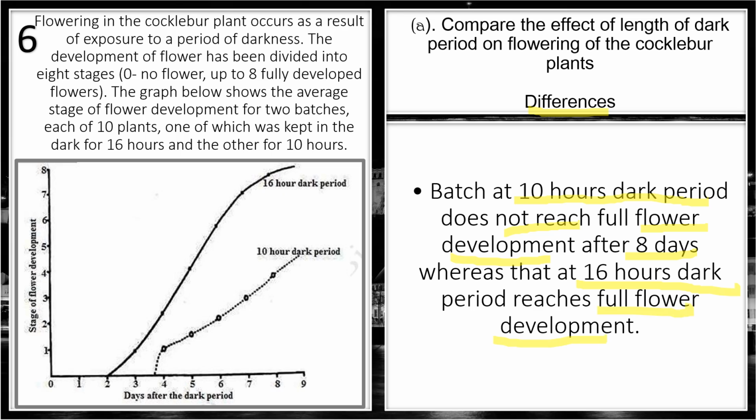So those branches that were kept for 10 hours, by the 8th day, they have not yet reached full flower development. You can see by the 8th day, they have reached a stage of about 4.